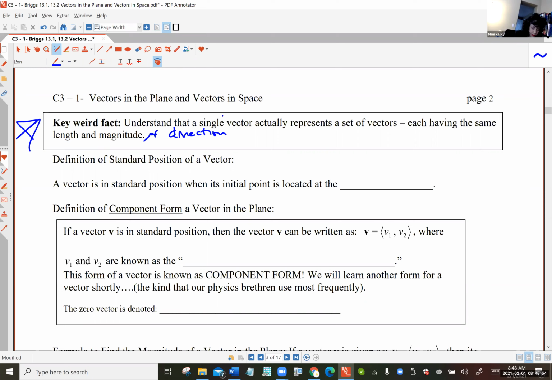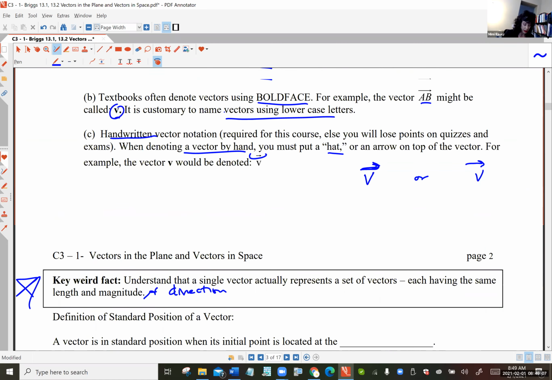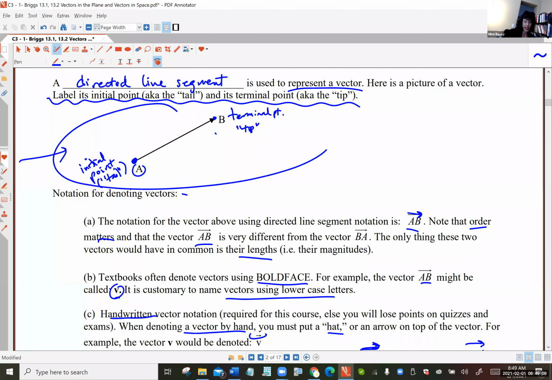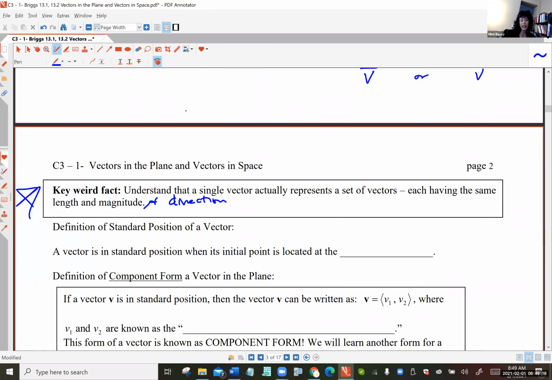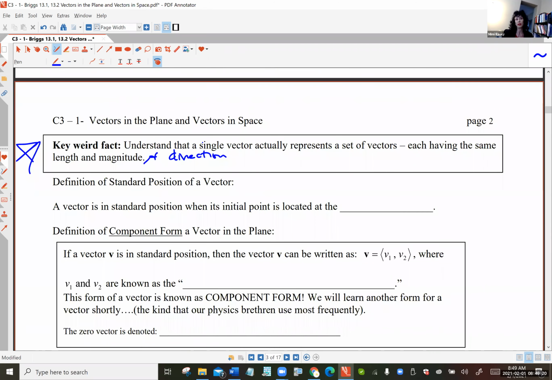Okay, so let's talk about standard position. What is standard position and why do you care? Well, if you just draw a vector sort of out there in the universe like we did up here, that's known as a geometric vector. When we put a vector in standard position, we're going to have a coordinate system, typically the rectangular coordinate system with an x-axis and a y-axis.